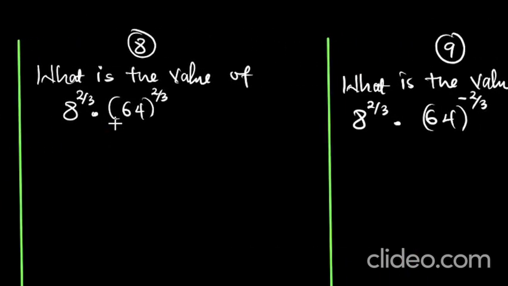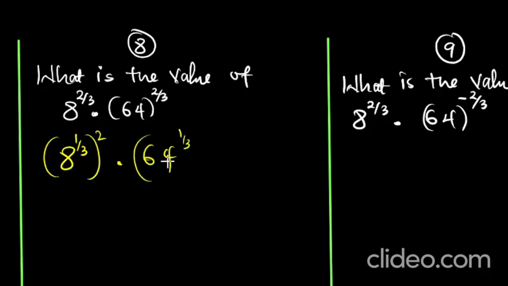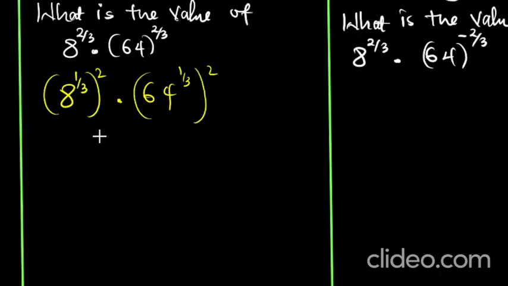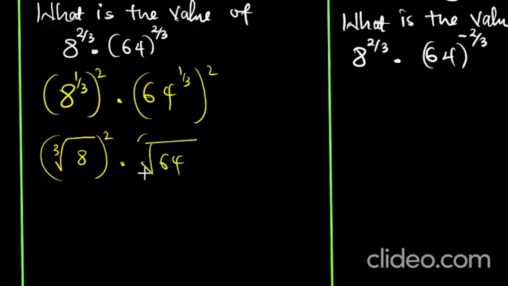All right, for number 8, we'll have this. Okay, this is the same thing as 8 to the power of 1 over 3, squared, times 64 to the power of 1 over 3, also squared. So this is the cube root of 8 squared multiplied by the cube root of 64 squared.